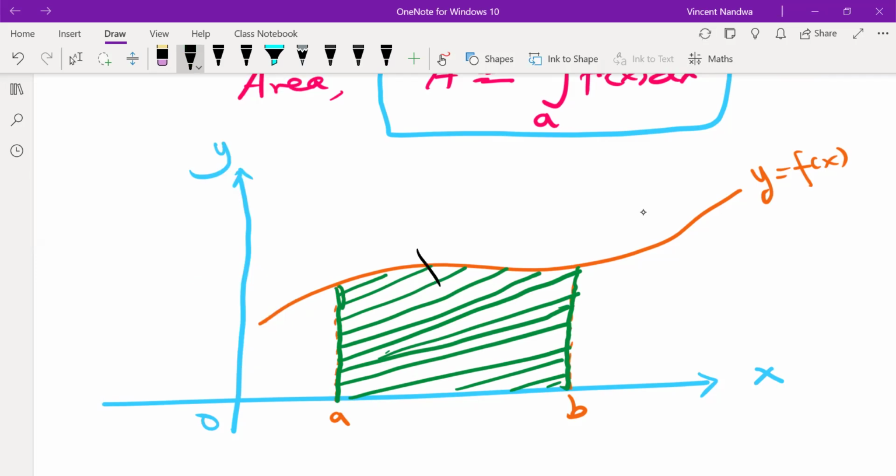So here, area equals the integral from A to B of f of x dx.